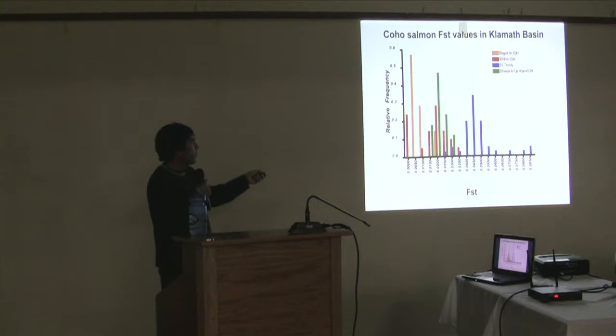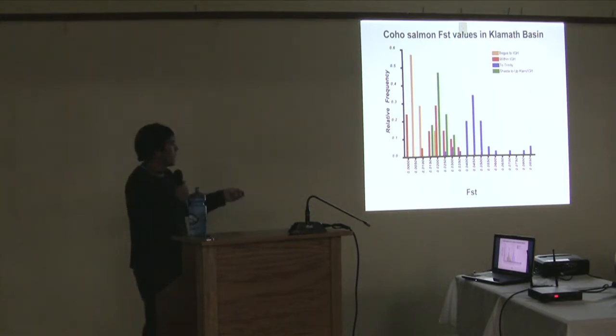All of the Klamath River populations to Trinity River populations, blue, and green is the Shasta to Upper Klamath, meaning everything other than McGarvey and Blue Creek, to Shasta, or Shasta to everything else in the Klamath.